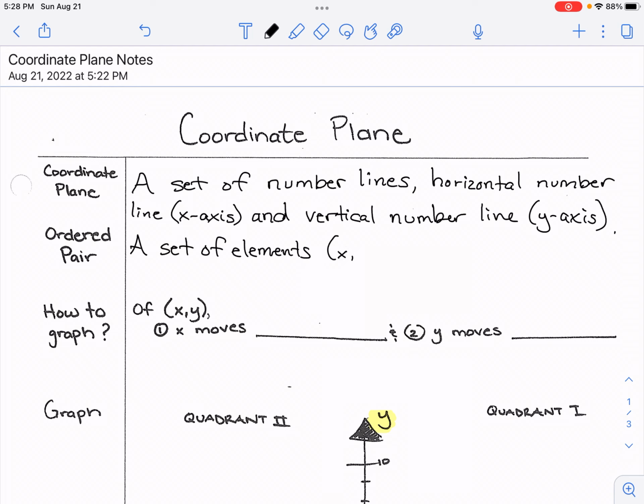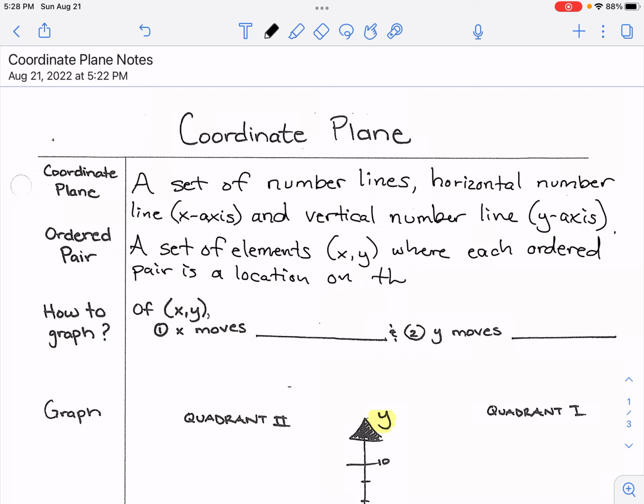In parentheses we have (x, y), where each ordered pair is a location on the plane. All right, and I'm going to give us a bunch of examples. Before I get to that, though, how to graph.